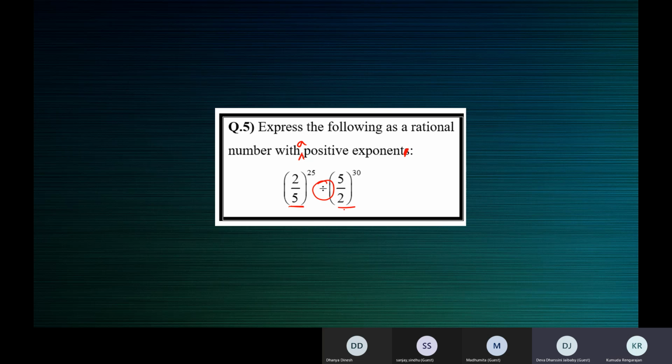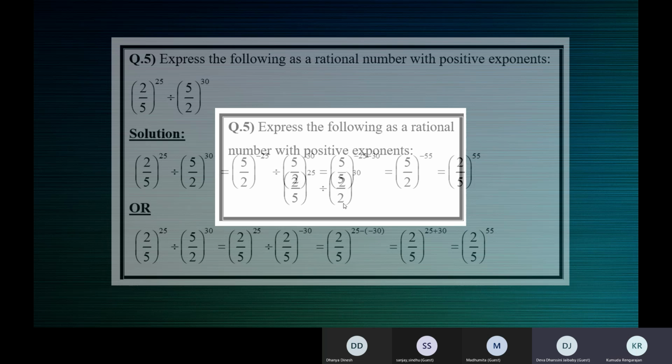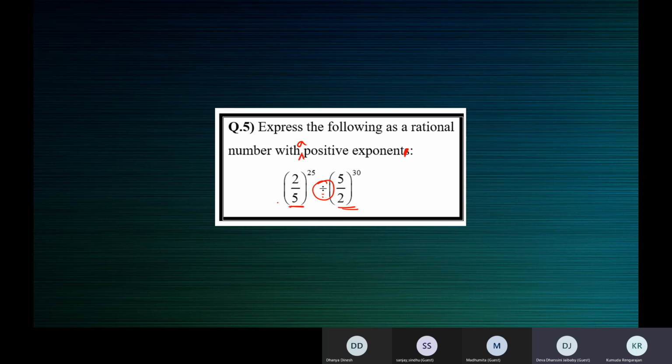If bases are same and it's division, we can subtract the powers. That is the rule. But the bases are different here.